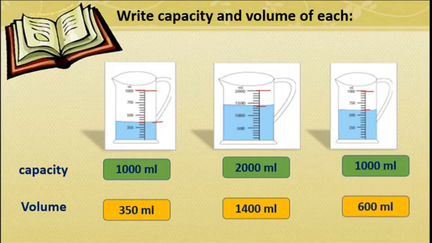Students, I want to make the concept clear about the difference between the capacity and the volume. Okay, this is the main thing. Capacity means the amount that the jar can hold, maximum. Okay, and volume means the liquid is up to what mark, that is the volume. Okay.